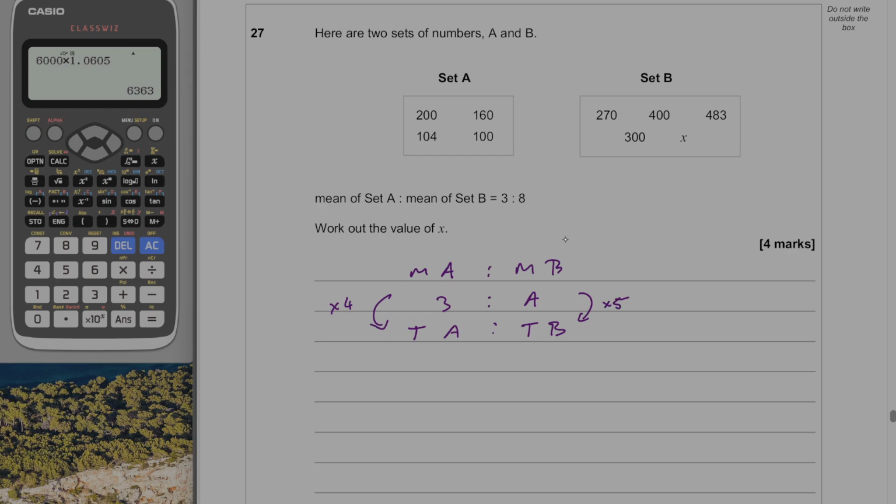So the total of set A to the total of set B would be 12 to 40, and 4 is going into them both, so that would be 3 to 10.